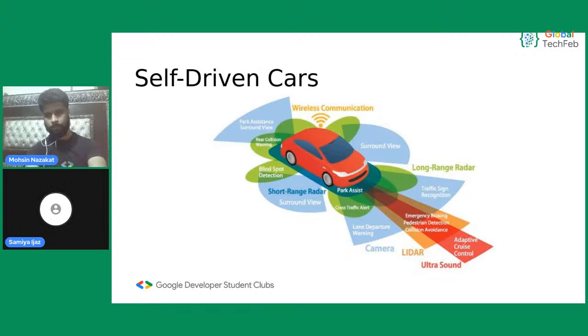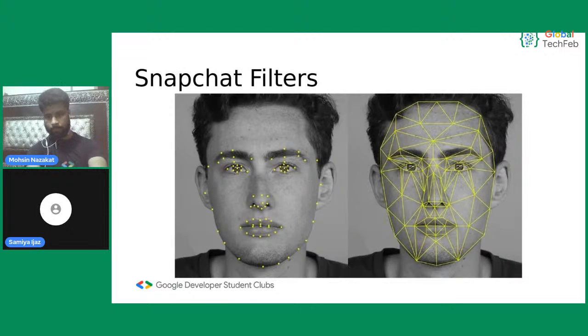Then we have our favorite Snapchat filters. Filters are part of image processing. In image processing, machine learning and deep learning play their roles as well, like in detecting and differentiating face structure and features.